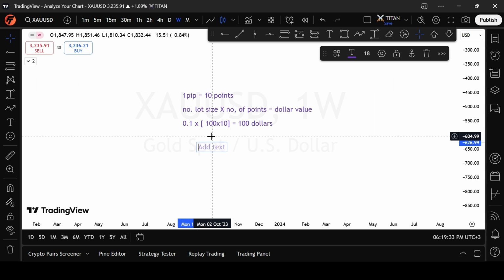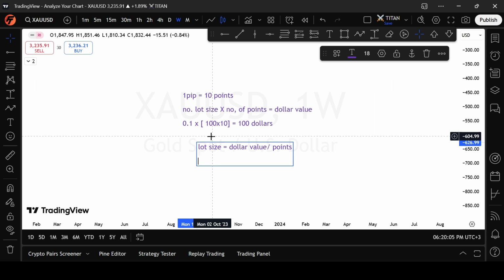I'll just write it down. If you're looking for the lot size, you'll get the dollar value divided by the number of points. I'll just write points. It's as simple as that.